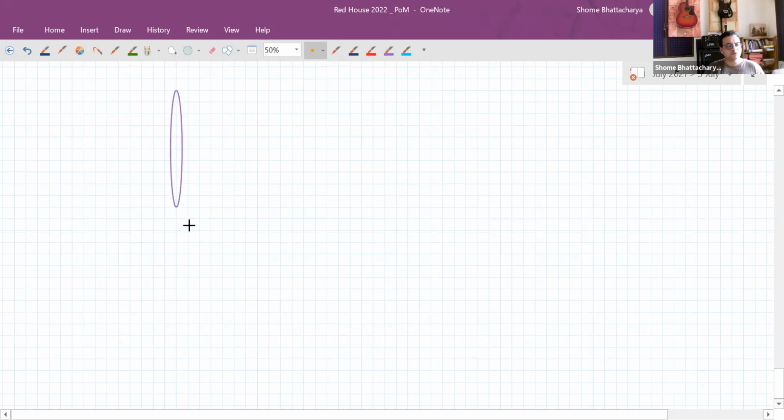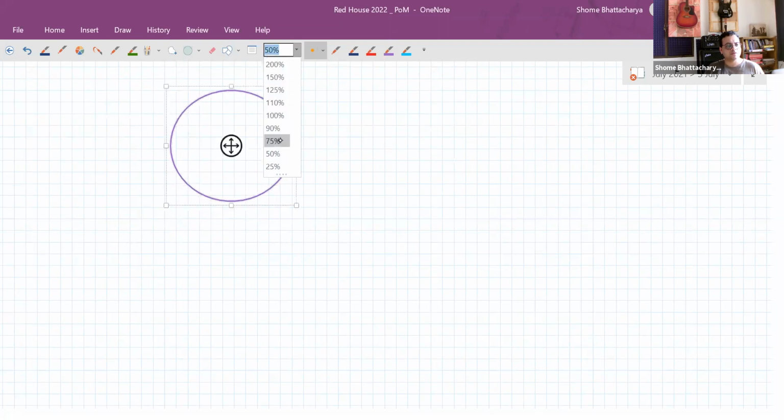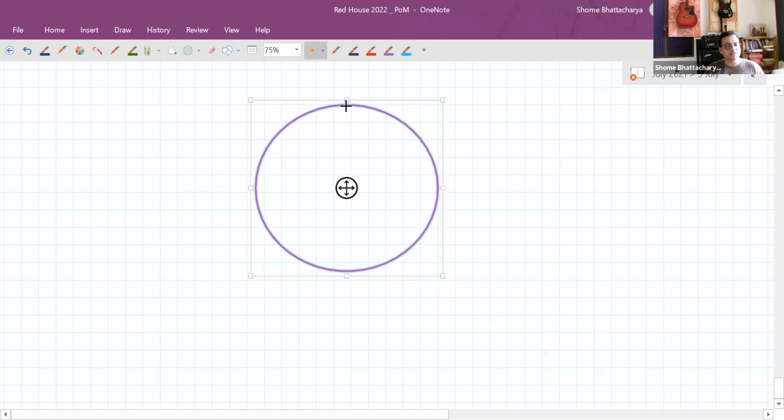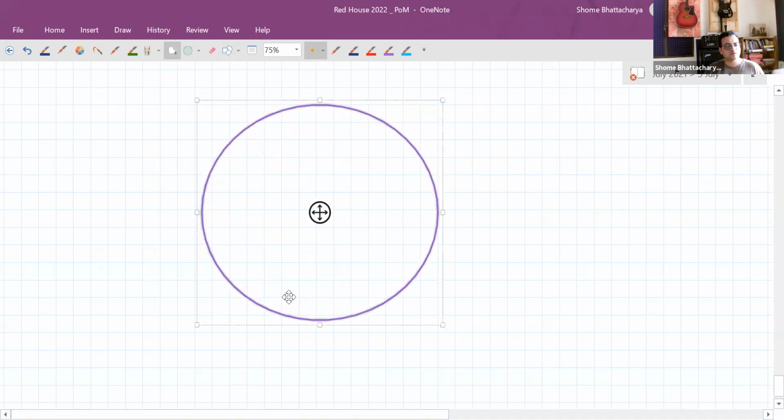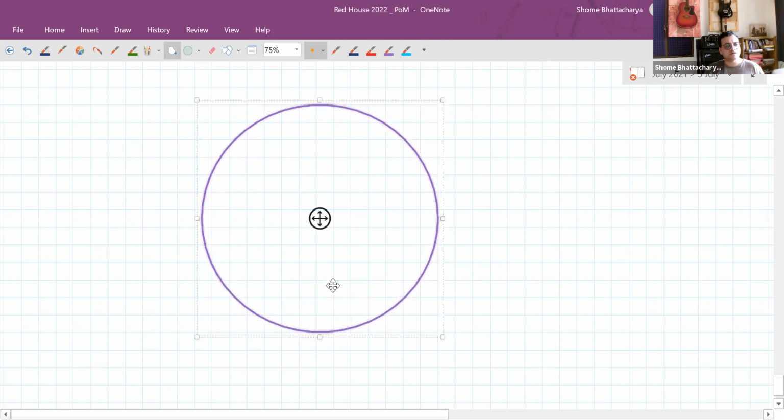So for the proof, what we do is we imagine that we have broken this surface into two equal halves. We imagine that we have actually split the spherical shell into two equal halves. So we want to consider the forces that are acting on half of the spherical shell.